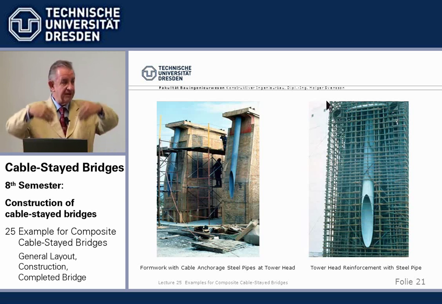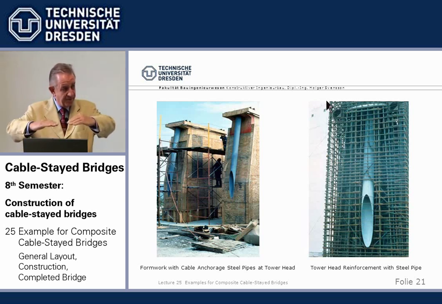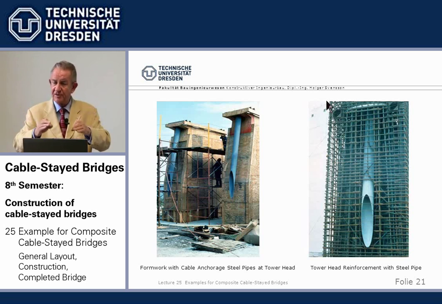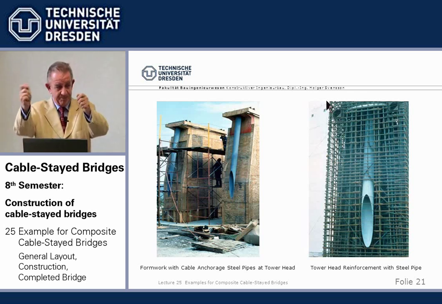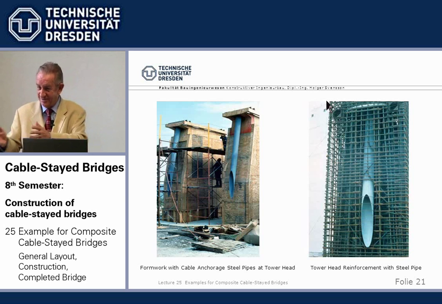Now, then this is lifted up by tower crane, placed onto the form the similar way below. And so we guarantee that we have the exact geometric correct position of the cable anchorages. Not just sliding forms and let's see, bang it in there, and then we end up somewhere 10 centimeters left or right.